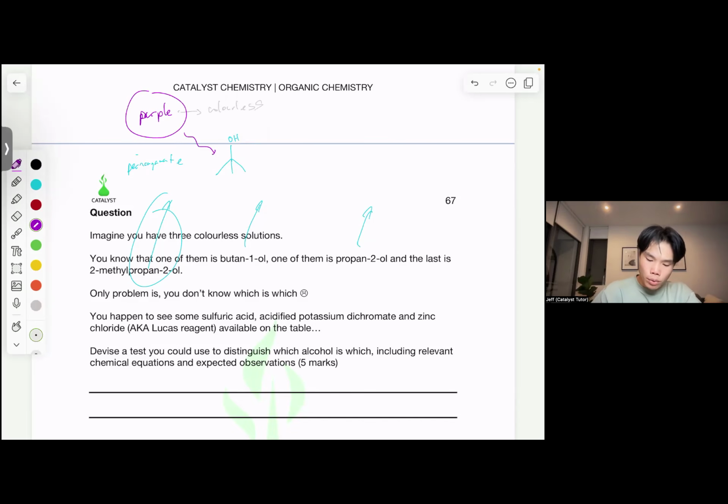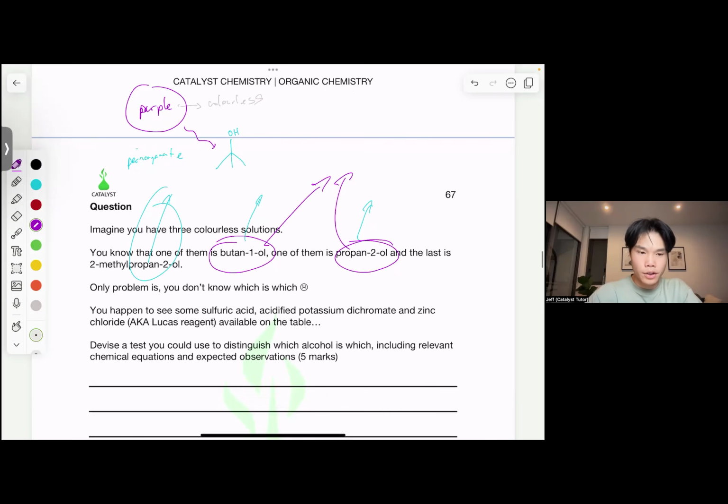But what if you added it to butan-1-ol or propan-2-ol? What color would you see?